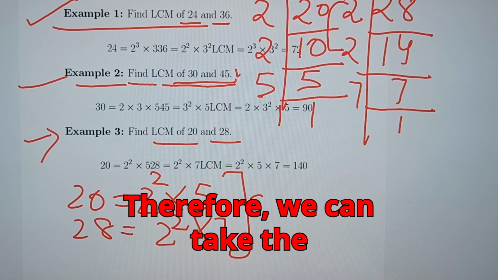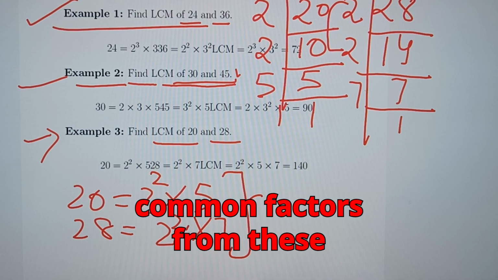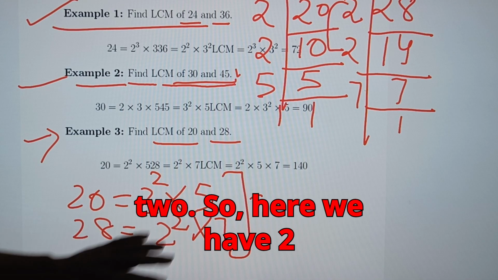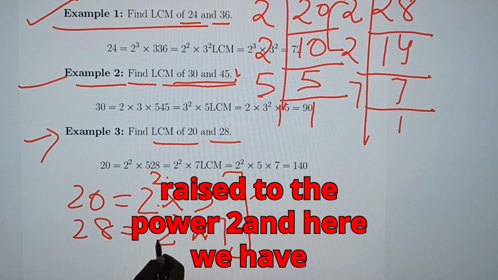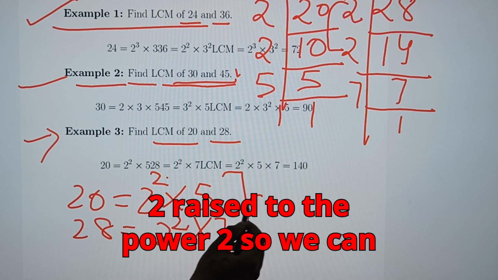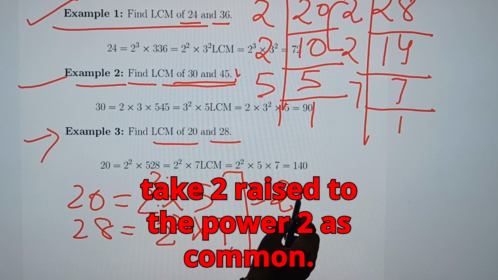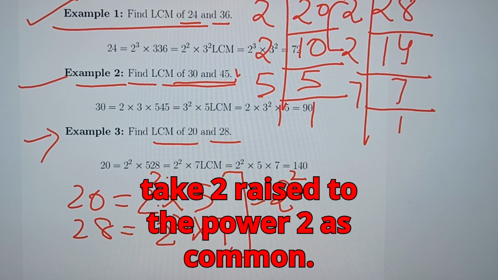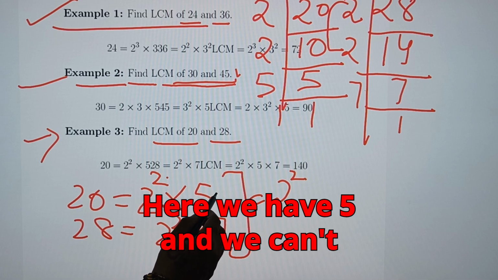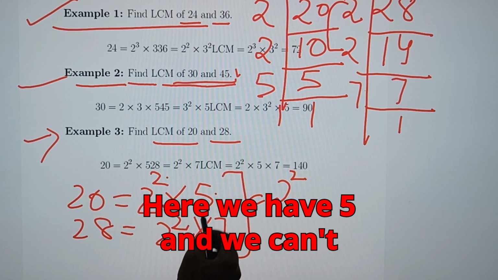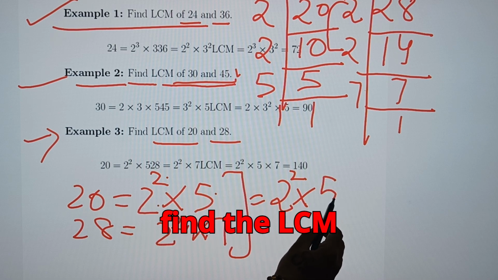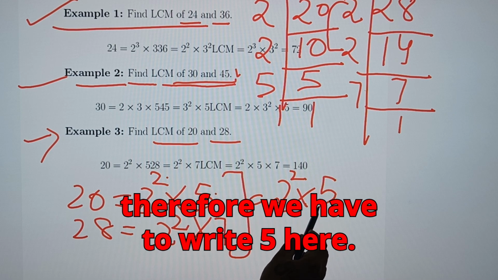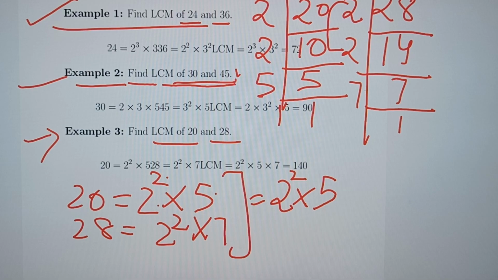Therefore, we can take the common factors from these two. Here we have 2 raised to the power 2, and here we have 2 raised to the power 2. So we can take 2 raised to the power 2 as common. Here we have 5, and we can't take it common here, but we have to find the LCM, therefore we have to write 5 here.